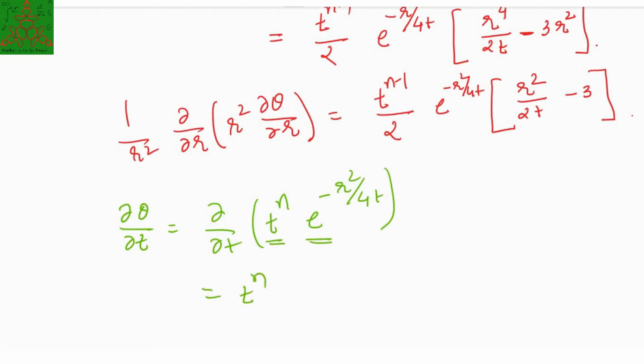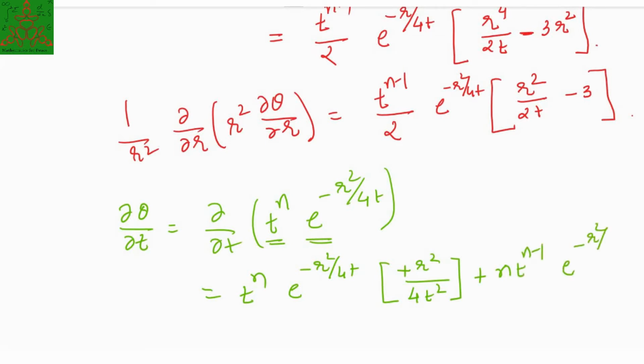So t power n as it is, the derivative of this quantity will be as it is, and the derivative of r square upon 4t is minus r square upon 4t square. So the derivative of 1 upon t is minus 1 upon t square, so this minus minus becomes plus here, plus n into t power n minus 1 e power minus r square upon 4t as it is.